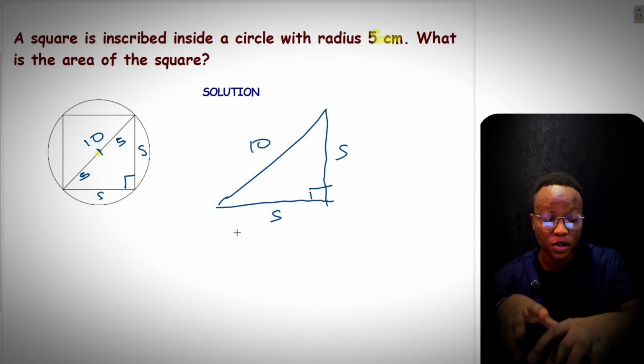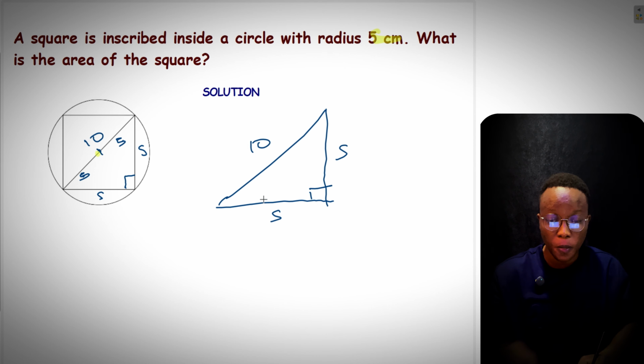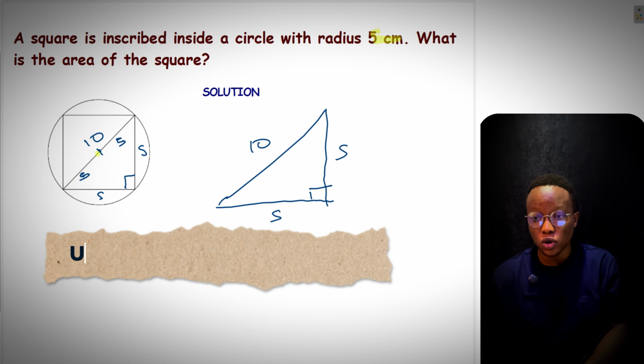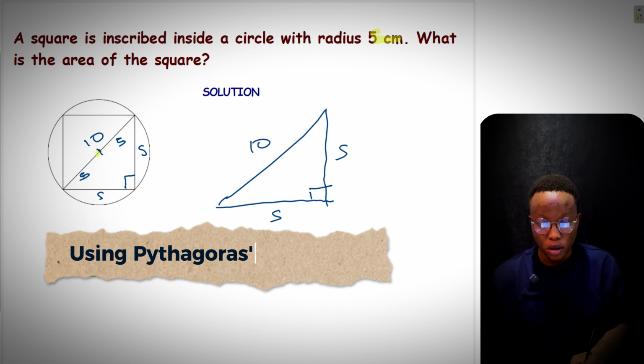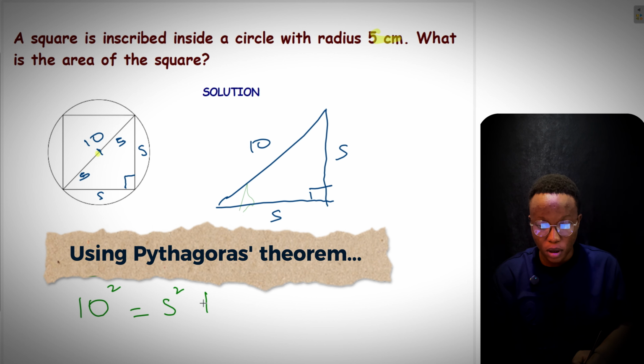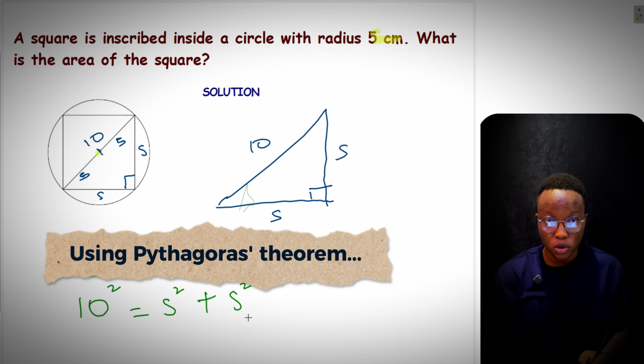So now we have this right angle triangle, and we can find the value of S, the sides, by using Pythagoras theorem. We understand the hypotenuse, 10 squared, will be equal to the sum of the squares of the two sides, so S squared plus S squared.